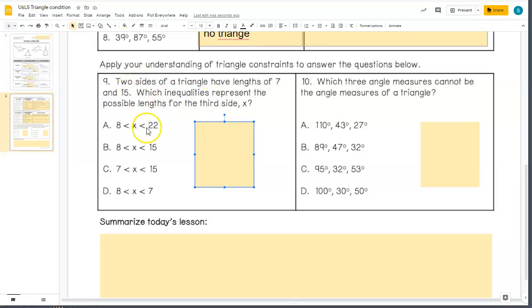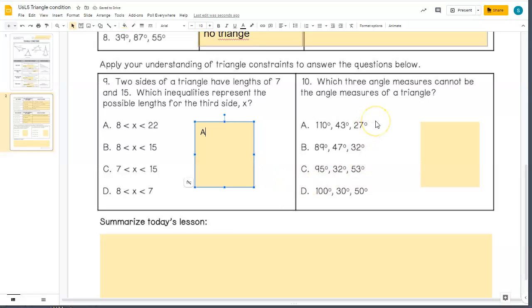Well, if x is the big side, it's got to be smaller than 7 plus 15, which is 22. And if it's the small side, then 7 plus x has to be bigger than 15. So that gives us 8. So our answer here is A.